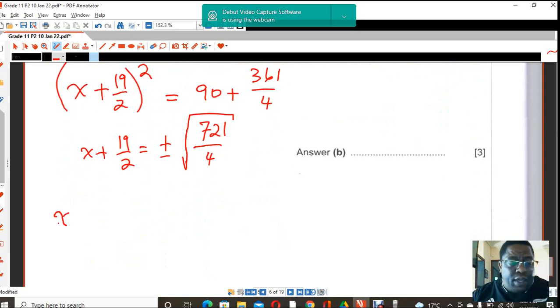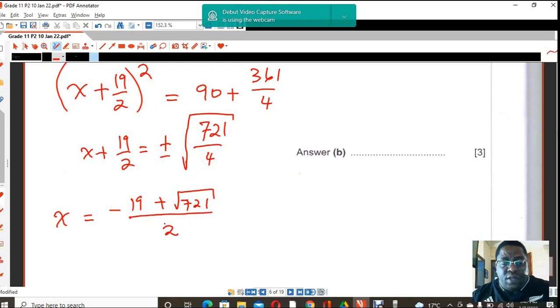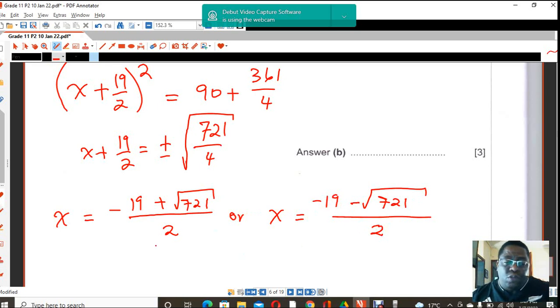So the first value will be x is equal to, now this 19 must go over, so it's negative 19 plus the square root of 721 over 4. But the square root of 4 gives you what? 2. So everything comes over the same 2: negative 19 plus square root of 721 over 2, or x equals negative 19 minus square root of 721 over 2. So you'll have 2 possible answers, and you need to be able to see which one works best for you.